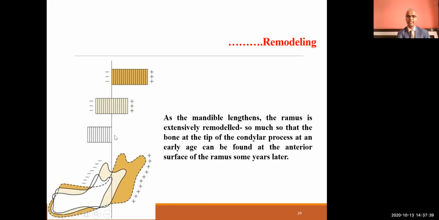So much so that the bone at the tip of the condylar process, first diagram, at an early age can be found at the interior surface of the ramus years later. In the dark yellow diagram, we can see that in white, the distal end of the condyle becomes interior border of ramus at later stage.